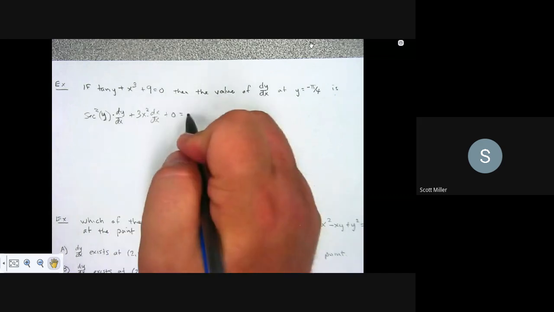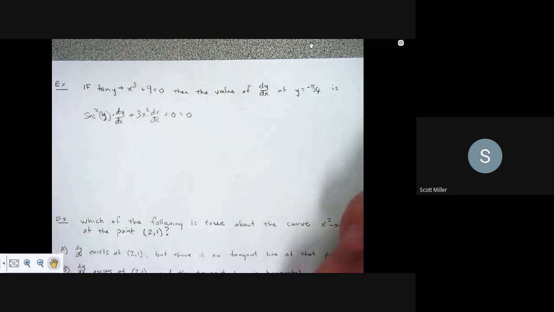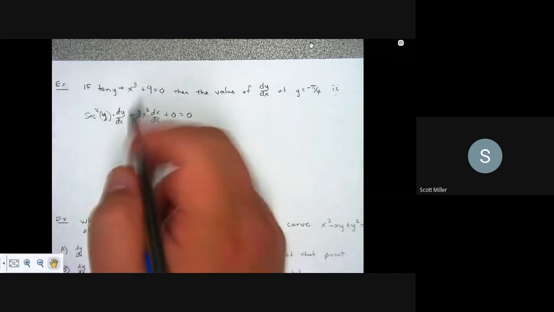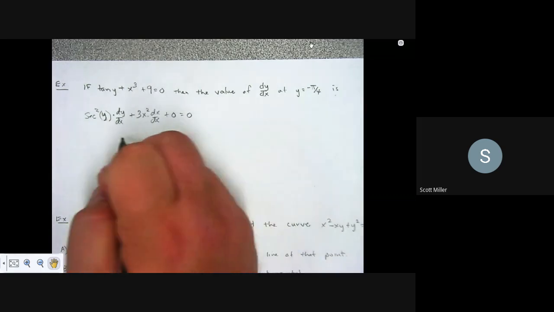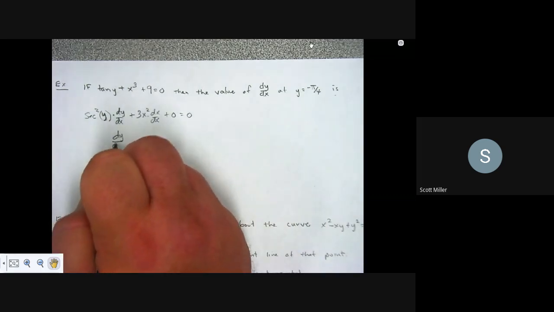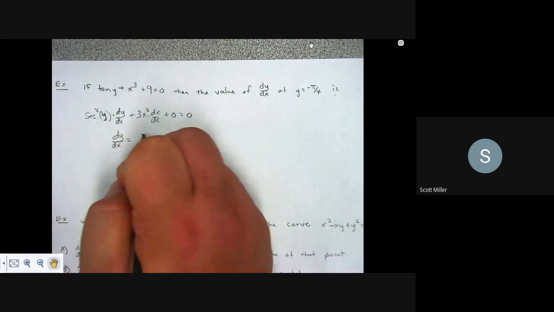Derivative of 0 is 0. And so now I want to solve this for dy/dx. Moving things around, dy/dx is equal to negative 3x squared divided by the secant squared of y.